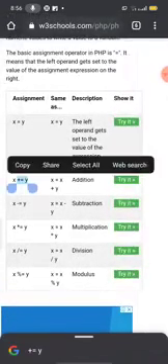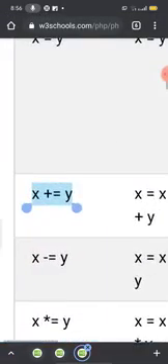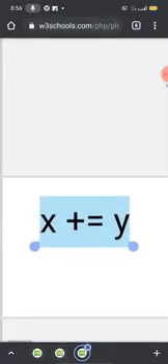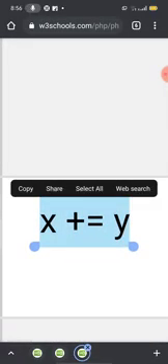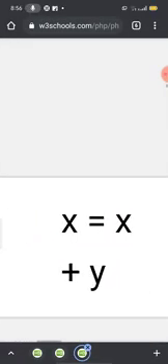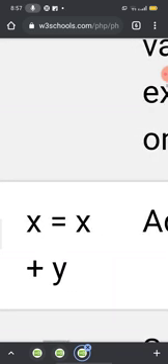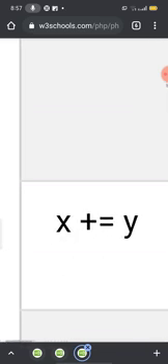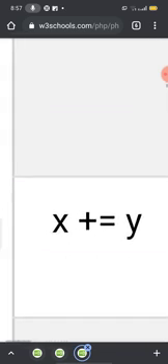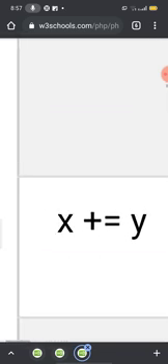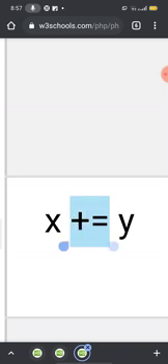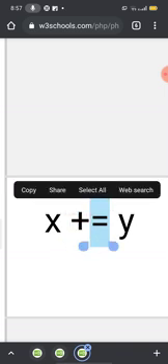Next thing is x += y. Can you see this, everyone? Let us understand this. It is very important. x += y. What does this say? That means x = x + y. Whatever content is there on the left hand side of the operator is equals to, it will be added to the right hand side.